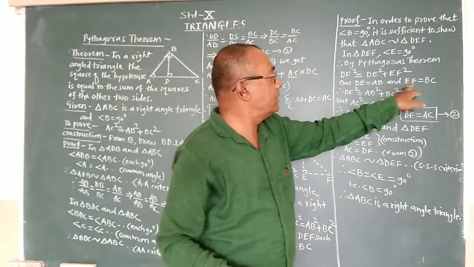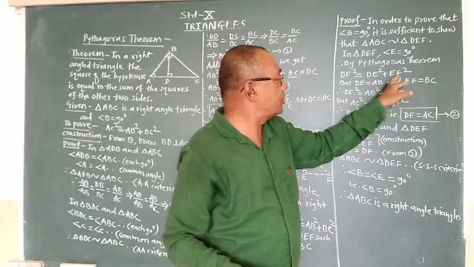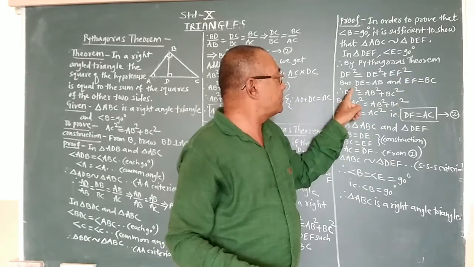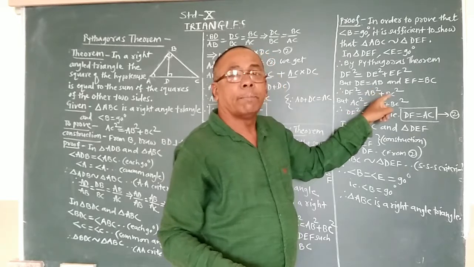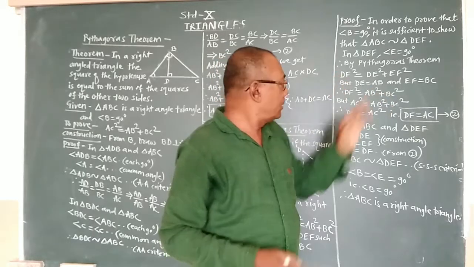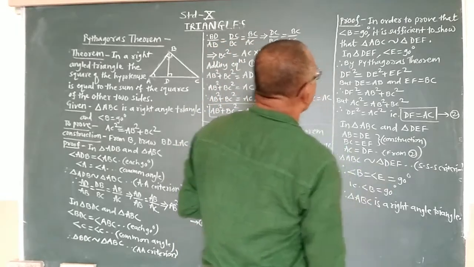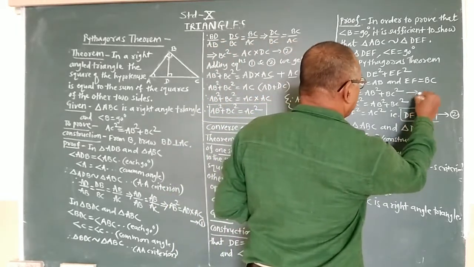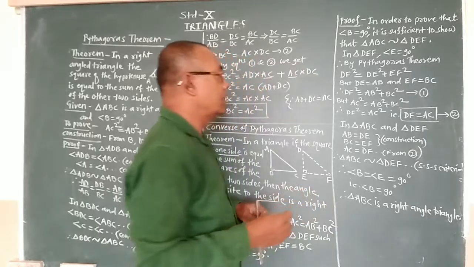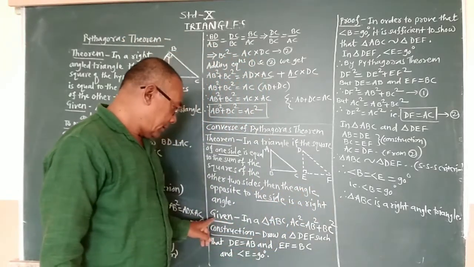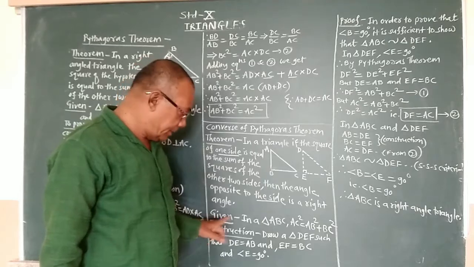We know that EF is equal to BC, so instead of EF we will write BC, so it will be BC square. Means DF square is equal to AB square plus BC square. Now this is our equation number 1.